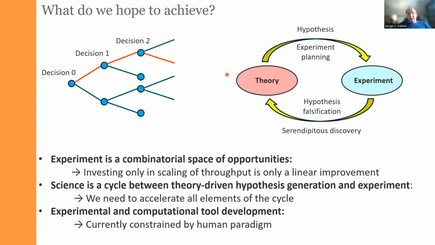But the problem is that in many cases we have more than one selection in the workflow. We typically have multiple decisions that we can make during the experiment, and all these decisions open opportunities for a different decision space. So, for example, we can choose to make a sample and then go study it on the microscope, or we can decide to make a sample and, for example, if we don't like it, we make another sample.